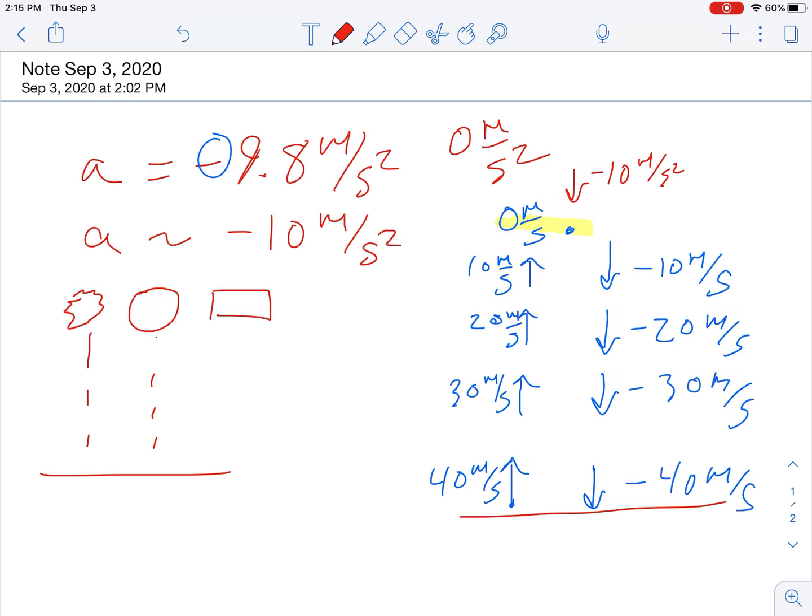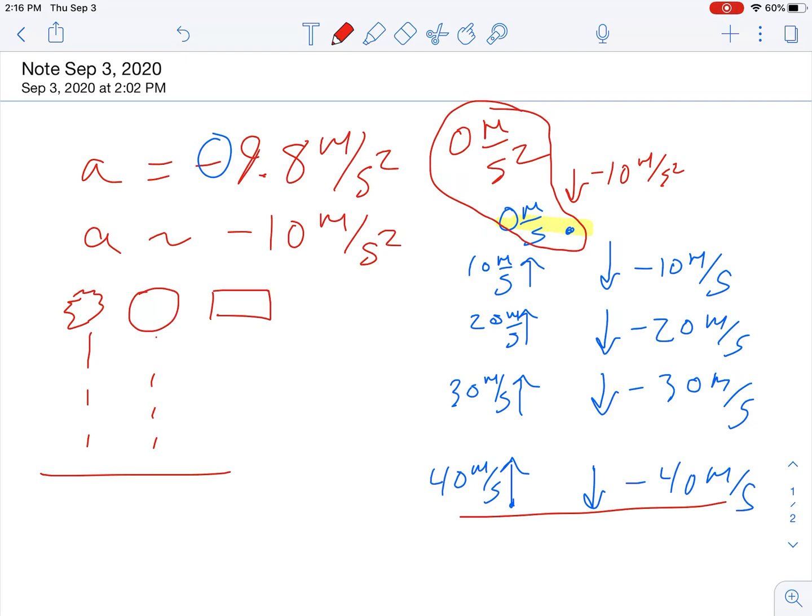Well, if the acceleration were, in fact, 0 meters per second squared at the apex, then there would be no change in velocity, right? Because acceleration is the change in velocity. And if there's no change in velocity, then the object's velocity would remain at 0 meters per second, which means it would stay at rest. So there would be this weird thing in the world where if you threw something up to the apex, it would reach the apex, stop, and stay stopped if the acceleration were 0 at the apex.